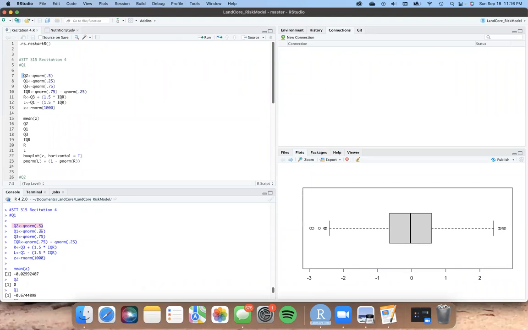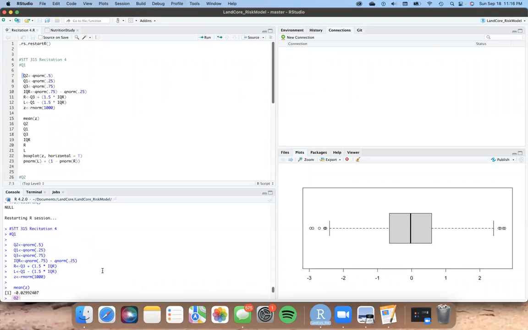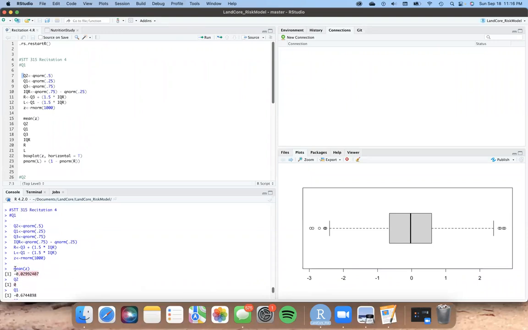When you run that, we get Q2 equals 0. And you'll notice that the mean is also 0.